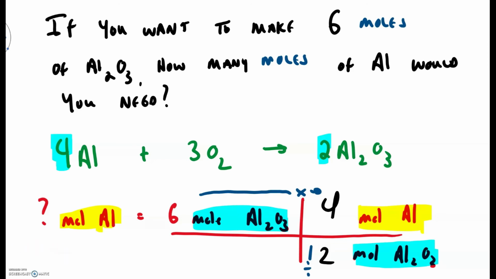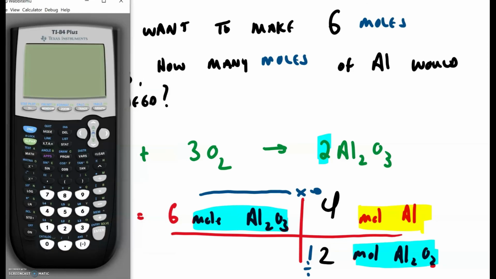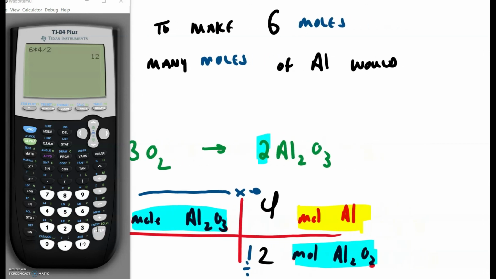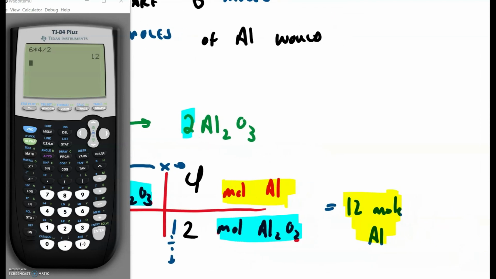So let's bust out our calculator. 6 times 4, that answer divided by 2. And this tells us that if we want to make 6 moles of aluminum oxide, we need 12 moles of aluminum. And that is all that you do.